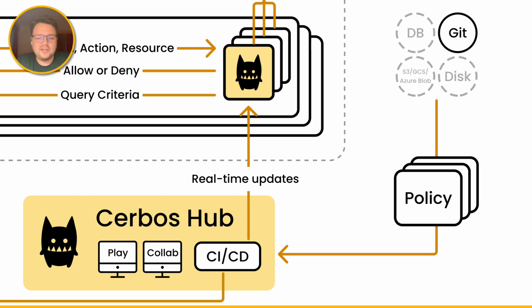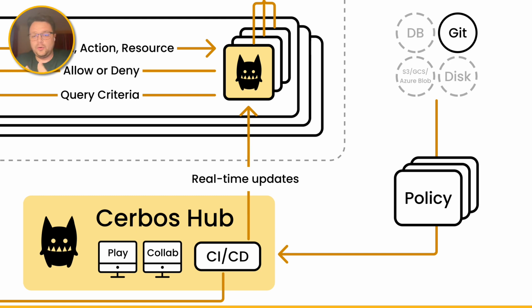So a GitHub repository contains your Cerbos policies. Your Cerbos policies are YAML definitions of your different authorization logic. So you'd have a policy for each resource kind inside of your system, and then those policies also define the different actions that users can do upon them and under which conditions. So you must have a role or a certain attribute must have a certain value. You can get very expressive with those conditions. And they sit in your GitHub repository.